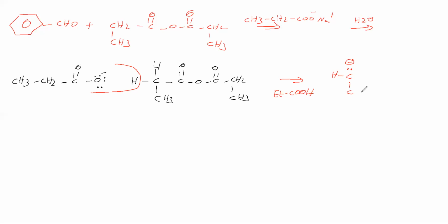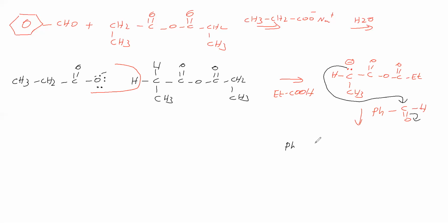So here CH3, COO, COEt. Like this we got. This carbanion is attacking this benzaldehyde. So this C minus is attacking this carbon. This pi bond is shifting here.